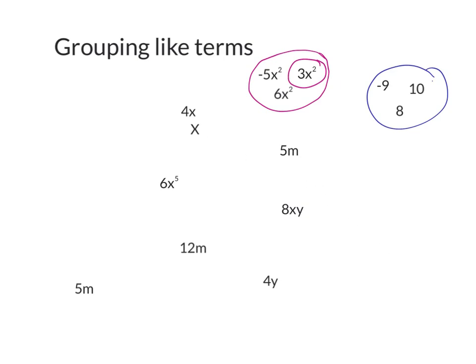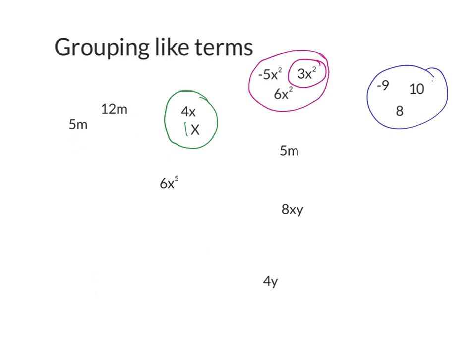Remember, x and 1x are the same thing. So I can write a 1 with that if that makes me feel more comfortable with it. Let's see, I've got 6x to the fifth. That's kind of its only one. I don't have any other x to the fifths. I don't have any other xy's either. I do have a few m's, so I'm going to put those together.